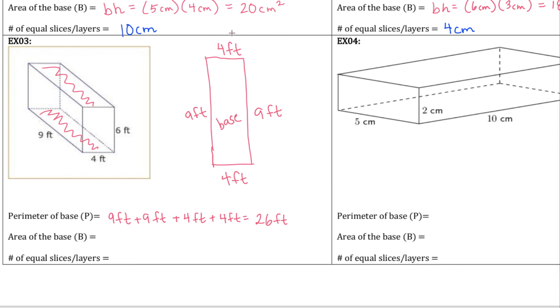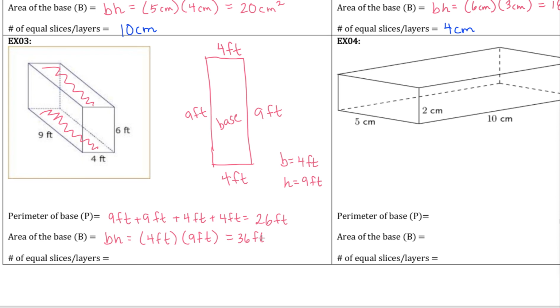Okay. And then area of the base. Well, let's look at our base. The base of this base, which is weird, is 4 feet. And the height is 9 feet. Okay, so base times height because it's a rectangle, right? So 4 feet times 9 feet is 36 square feet.